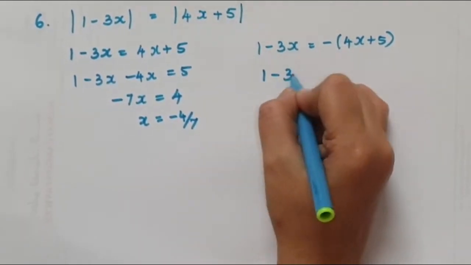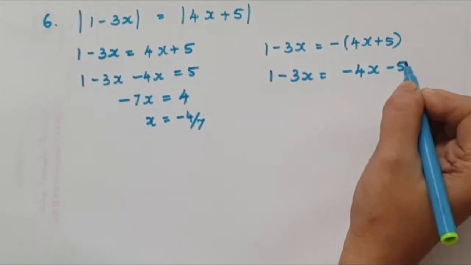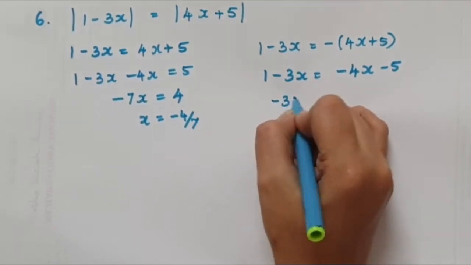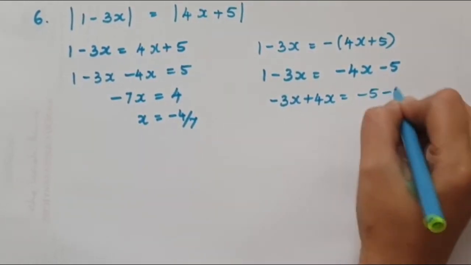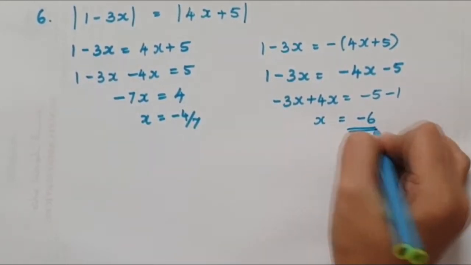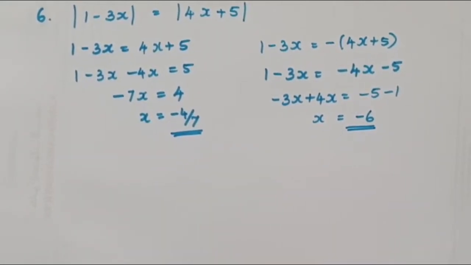This one, when you do, 1 minus 3x will be equal to minus 4x minus 5. So it will be minus 3x plus 4x equal to minus 5 minus 1. So x will be equal to minus 6. So these are the different ways we can solve the absolute value functions.